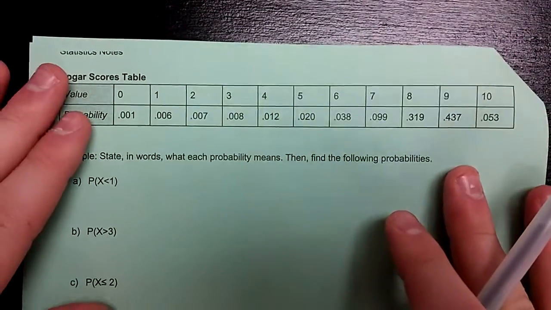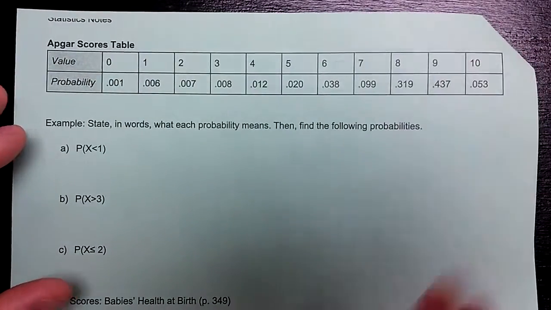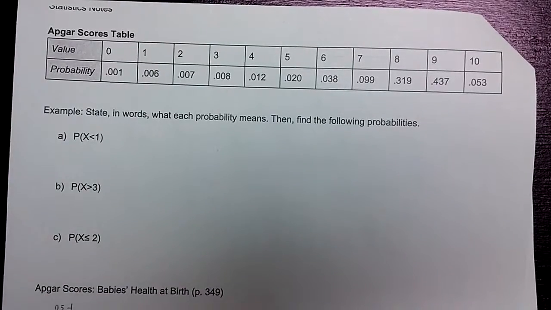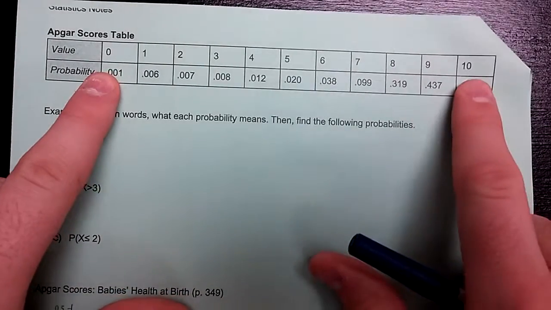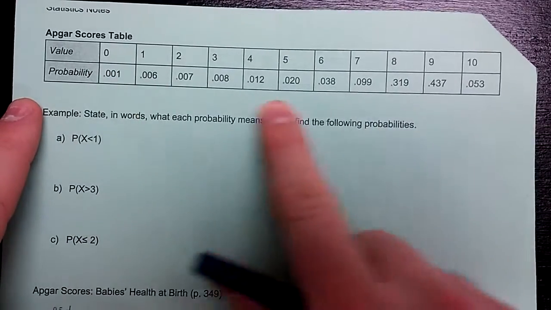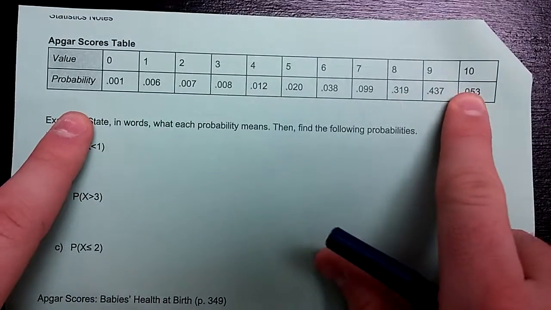In our book, they have a test for infants called the APGAR test, and it's a series of 5 tests that you can score a 0, 1, or 2 on. So the minimum score total out of the 5 tests is 0, and the maximum is a 10. And then they have the probability of an infant getting any one of these scores in between. So 0, 1, 2, 3, all the way up to 10.